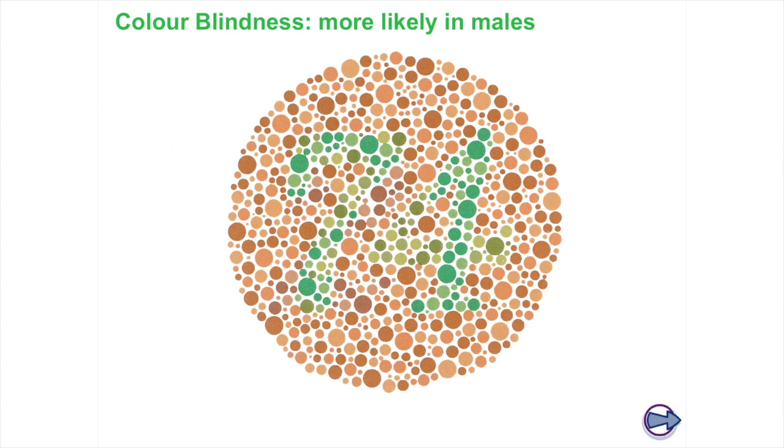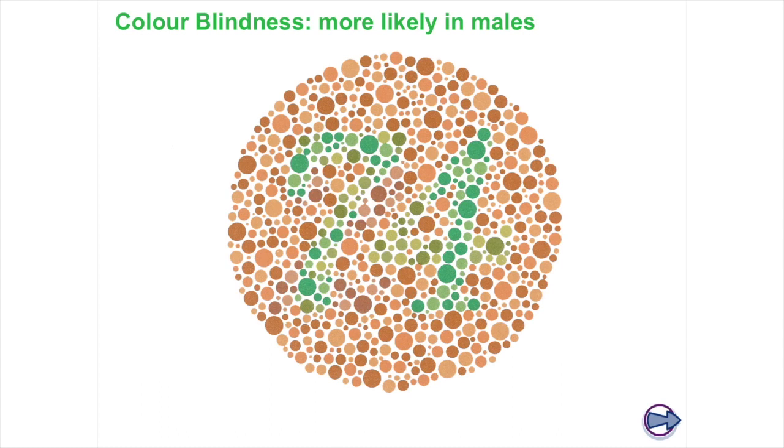We're going to talk now about sex-linked genetic disorders. A sex-linked genetic disorder is one that is more likely to be found in one gender than the other. For instance, color blindness is a genetic disorder related to sex, because males are more likely to be colorblind.